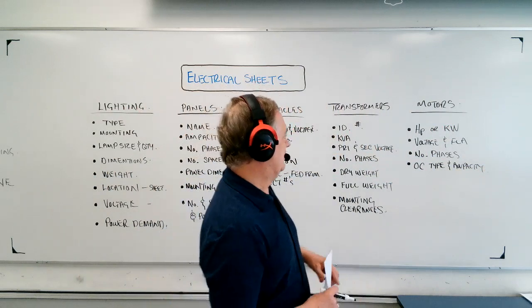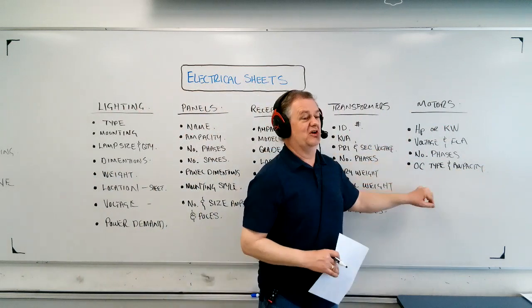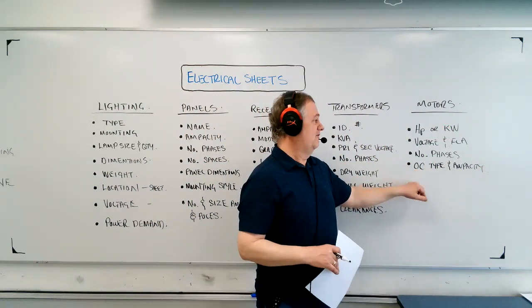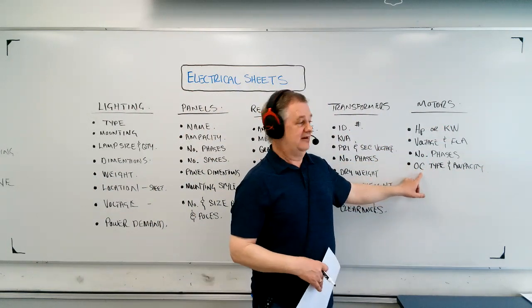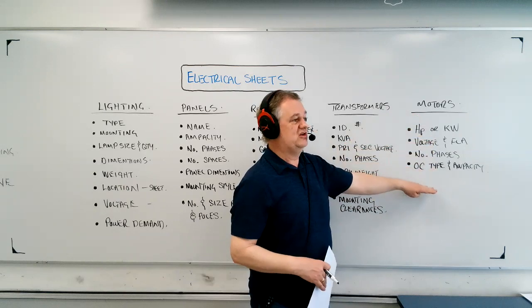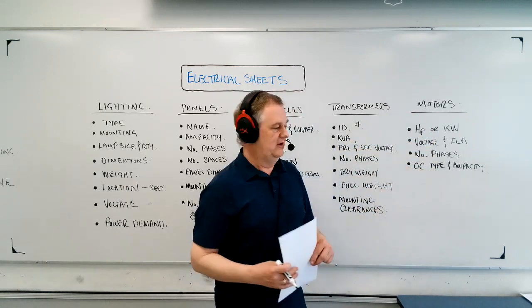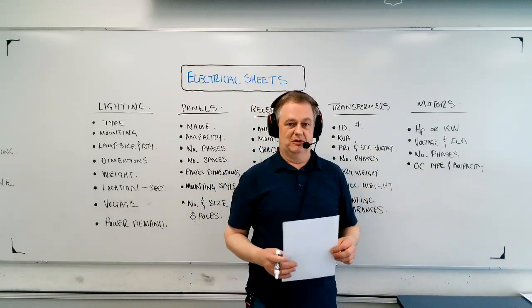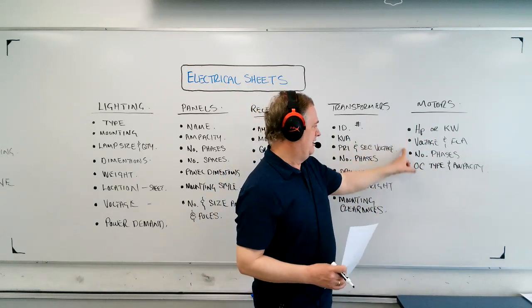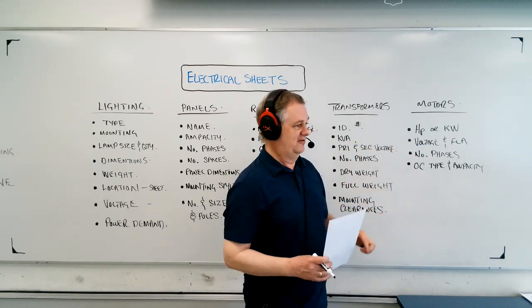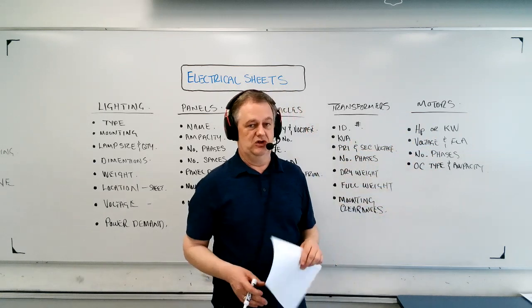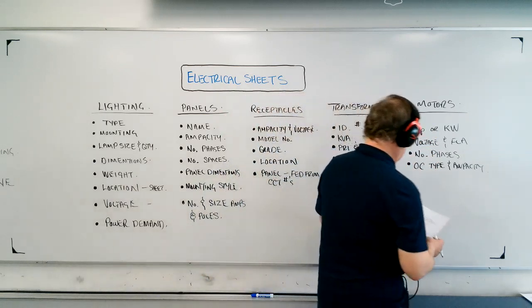And so it will literally list in the schedule. And this is particularly useful for maintenance after the fact, to find out what was the original design of this piece of equipment, especially if a motor's been running for a few years without much problem. Very handy to be able to look at the original documents and see what size of fuses were used, what was spec'd, and everything like that.